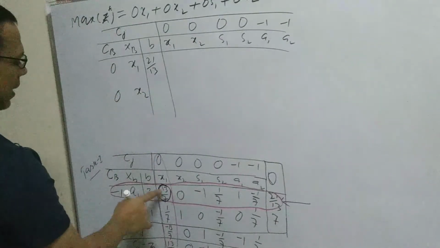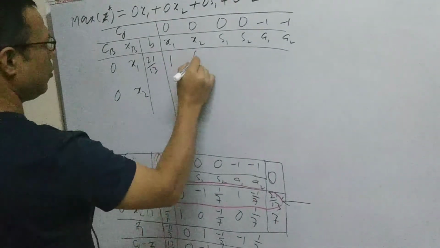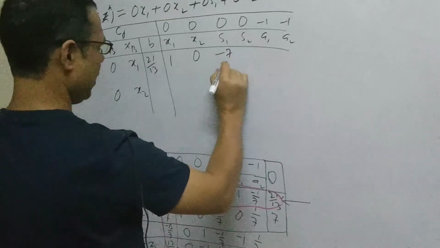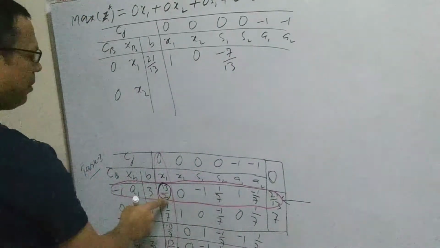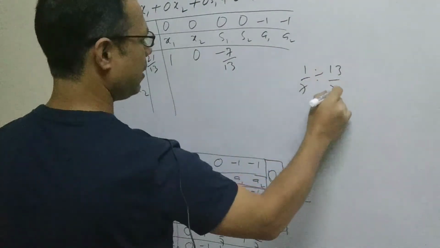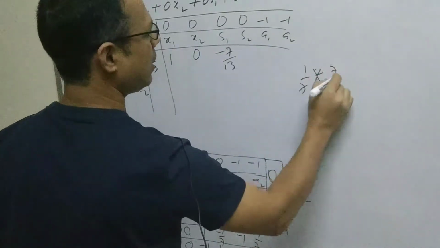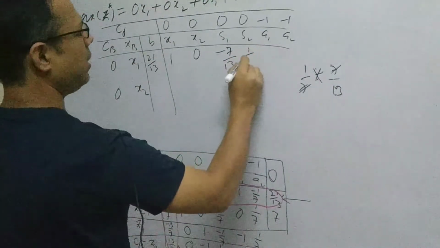So just have written here 13 by 7 divided by itself, so 1. 0 divided by this value, 0, and minus 1 divided by this one, so it will get reversed. So 7 divided by 13, 1 divided by 7 divided by 13 by 7. It means it is going to be changed, and it will be written as 7 by 13. 7 cancels, so 1 by 13. So here we need to write 1 by 13.